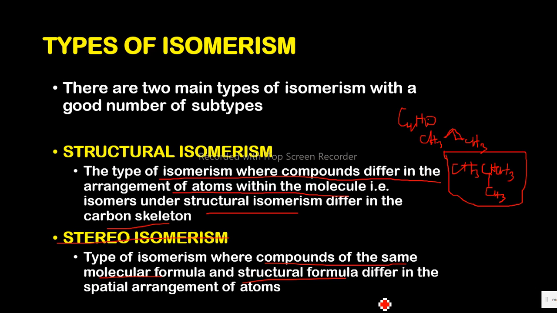And we get geometric and optical isomerism. Even under structural, we have very many: chain, position, functional, and we are going to see them and what they mean.